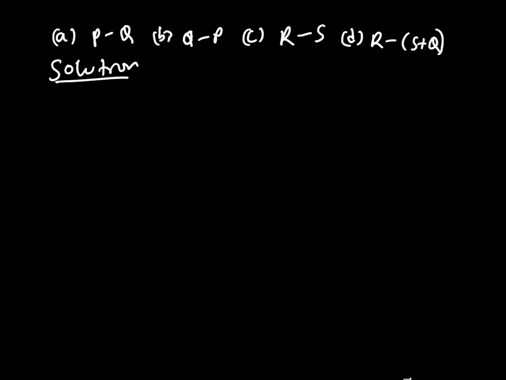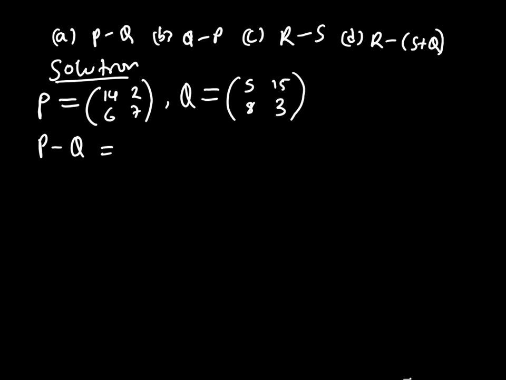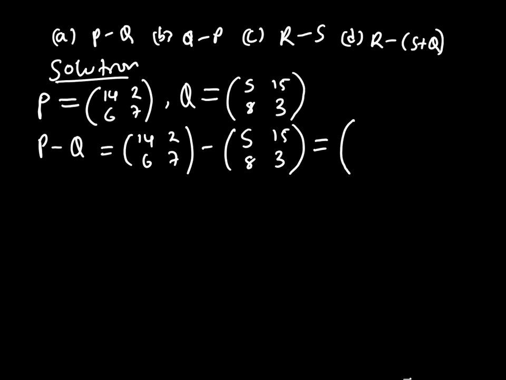Let's look at this. If you compute P minus Q, this will be 14, 2, 6, 7, minus 5, 15, 8, 3. And we said we subtract the corresponding entries.